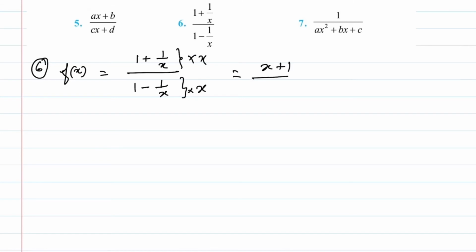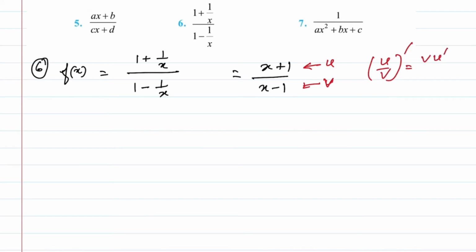Then it will be x plus 1 and it turns out to be x minus 1. So now you can apply the quotient rule. Considering this one as u and this one as v, you can apply the quotient rule for u by v, that is v derivative of u minus u derivative of v by v square.